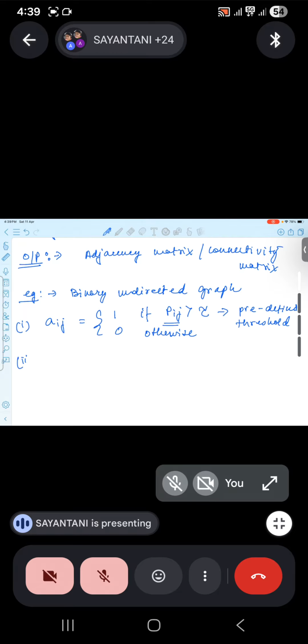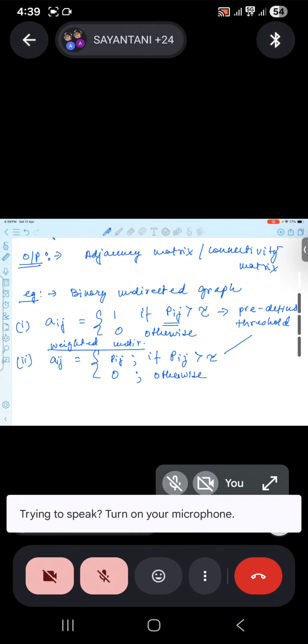And the second way you can create the final adjacency matrix is, if you want to make it a weighted undirected graph, then you can keep the values you have obtained from wavelet or squared coherence or Pearson, if that evaluated value is greater than tau, or it is 0 otherwise.